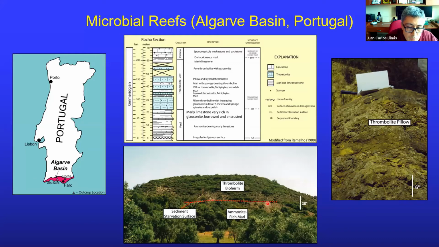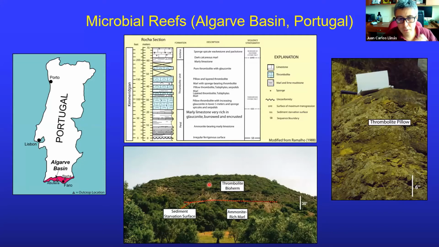But they were also deposited on a hard ground, here described as a marly limestone, very rich in glauconite, bioturbated and encrusted. Very low sediment background and a stable hard ground for them to grow up. These are, as I was mentioning, mostly thrombolites with some sponge and leiolite layers interbedded, but mostly thrombolites.